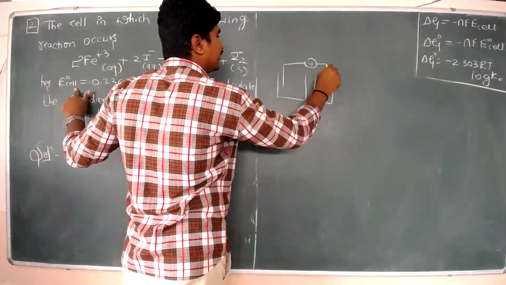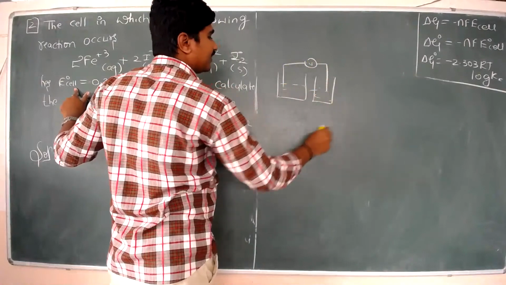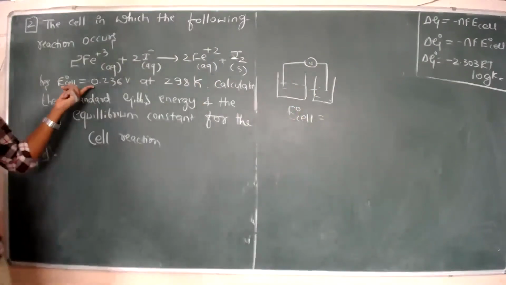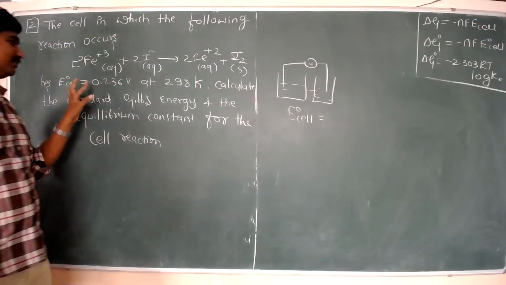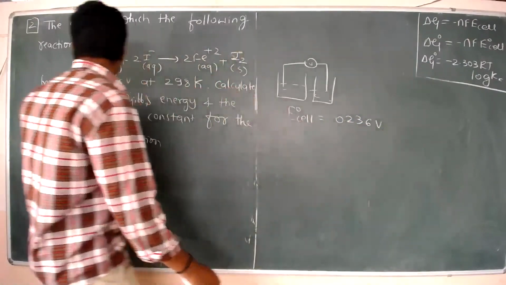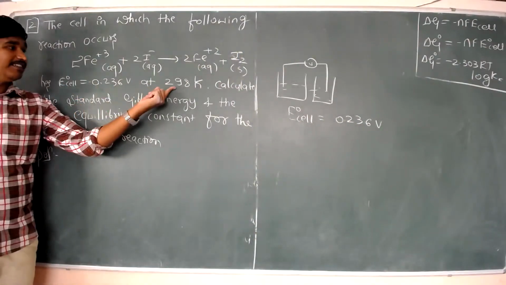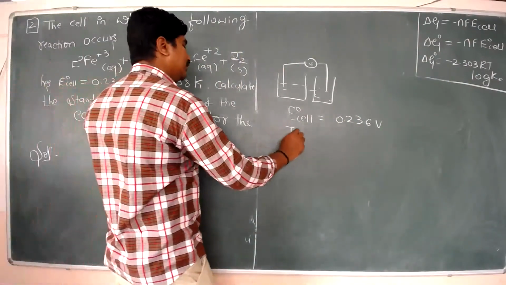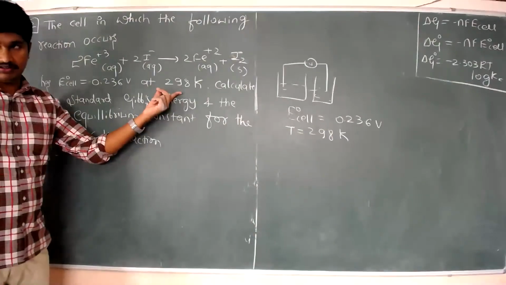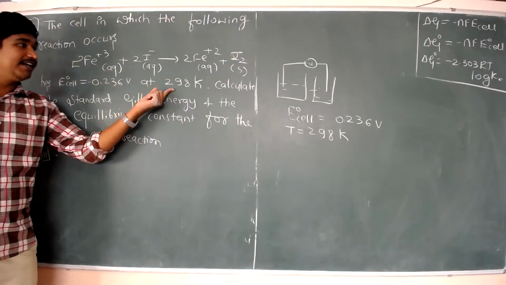Here it is voltmeter, cell reaction. Its E naught of cell is equal to how much? Given, 0.236 volt. E naught cell value is given. And temperature is also given. T is equal to 298 Kelvin. E naught of cell value is given and temperature is given.